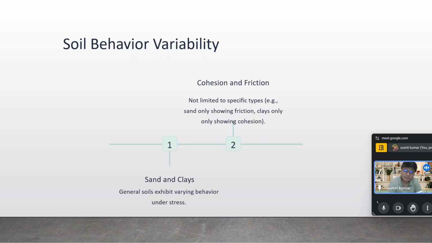This is not a limitation. One cannot say this is only clay soil with only cohesive characteristics, and another is sandy soil showing only friction characteristics. There may be certain cases, at different points of time, where both c and phi behavior are present. So this understanding needs to be there.